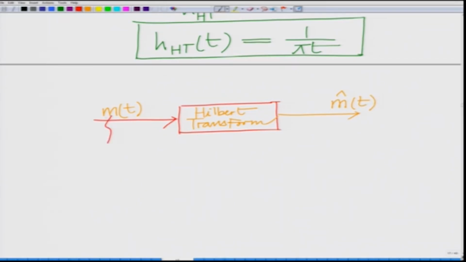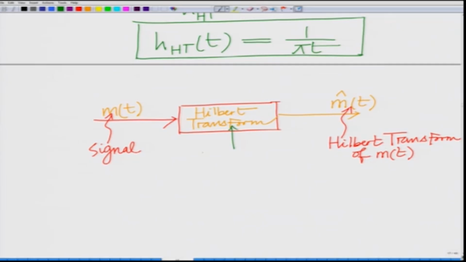This is its Hilbert transform of m of t, and now this system has Fourier transform, which we already see, equals minus j sgn f.